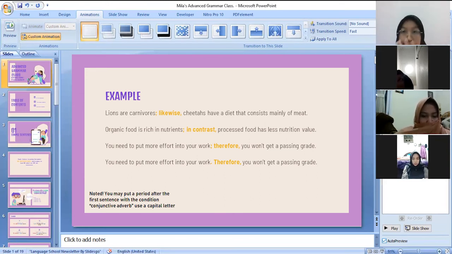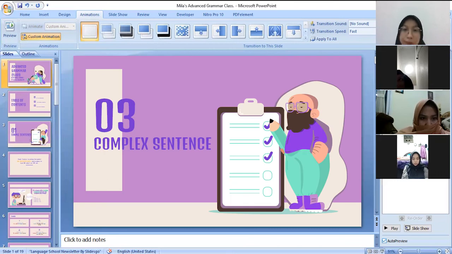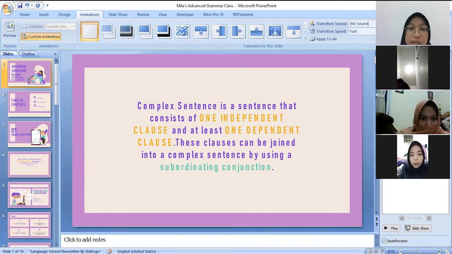Okay, next is the last material. It is complex sentence. A complex sentence is a sentence that consists of one independent clause and at least one dependent clause. These clauses can be joined into a complex sentence by using a subordinating conjunction.